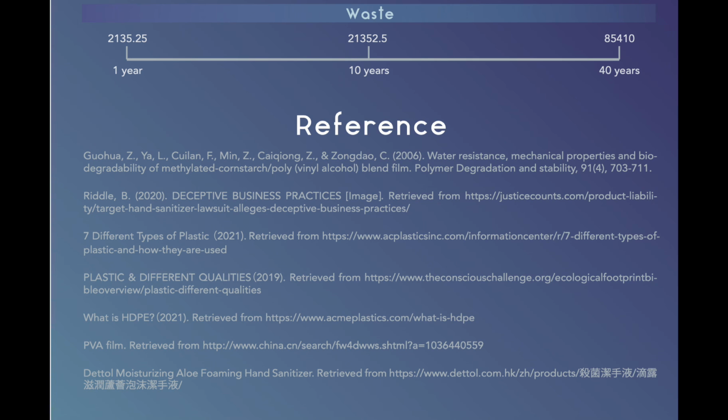In terms of production alone, the original design needs to consume 2,135.25 resources a year. The amount of wasted resources in 10 years is 21,352.5, and the amount of waste resources in 40 years is 85,410.